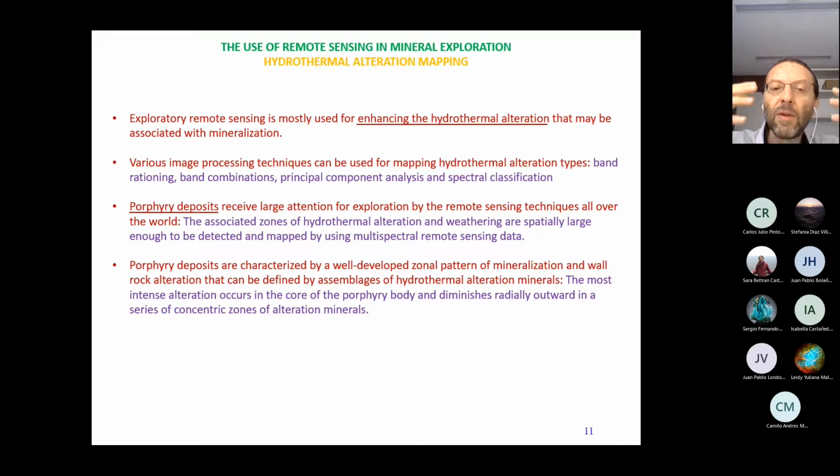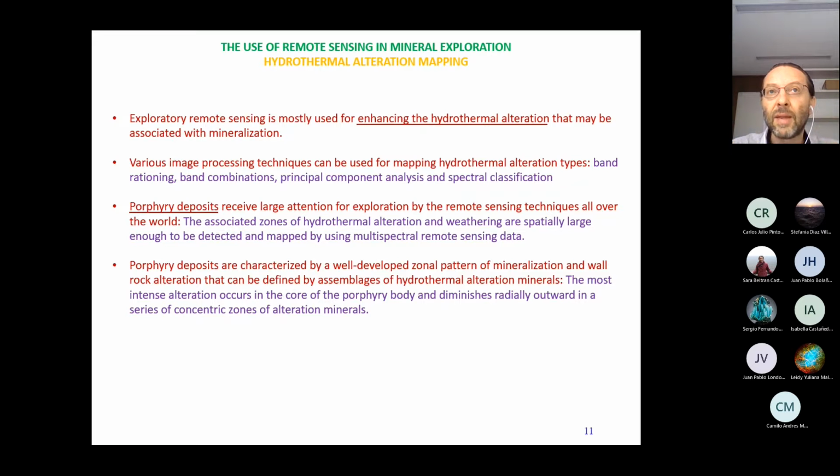So this modification of the initial rocks is called alteration. So a deposit, what we call a deposit, we think only about the volume of rocks that carries the metals that interest us. But geologically speaking, we have to think of a deposit as a much more complex thing. It is that volume of rocks that was altered, that was transformed chemically and mineralogically by the percolation of these fluids.